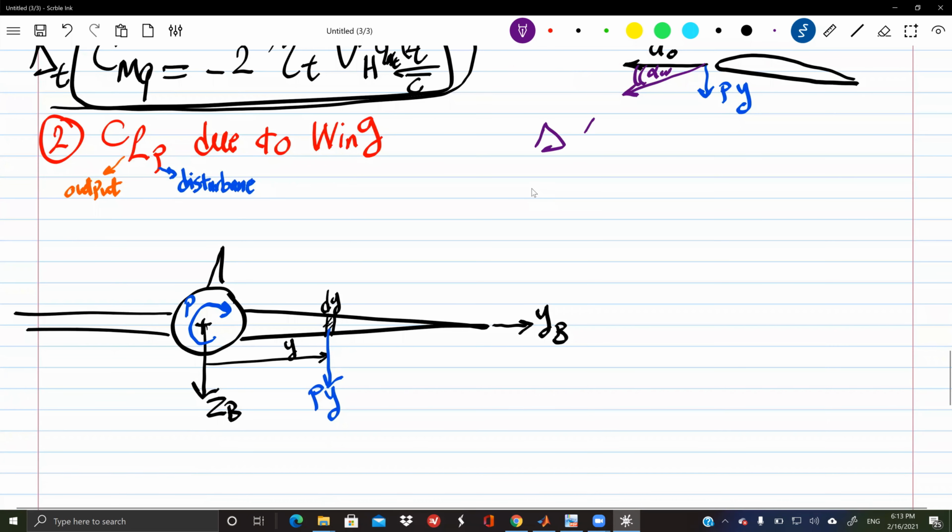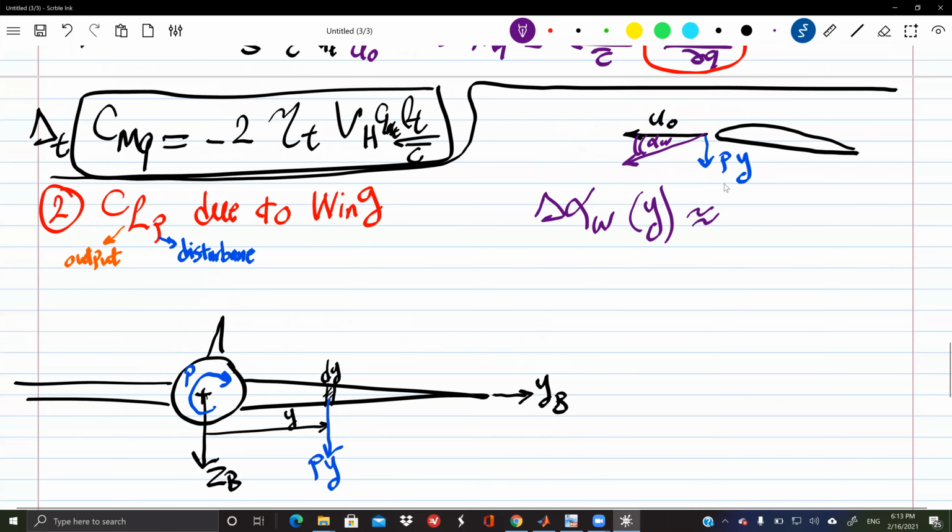So the change in the angle of attack of the wing at this station y is approximately how much? Can you tell me from this picture? Py over u naught. Exactly, Py over u naught, right?